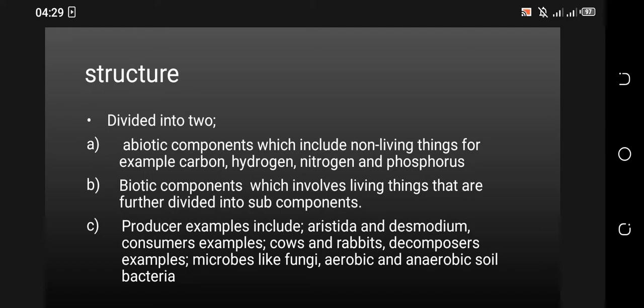Biotic components are the living things found in the grassland ecosystem, which are further divided into sub-components. Just like previously, we had producers, consumers, and decomposers. In this lesson, we also have the same sub-components.